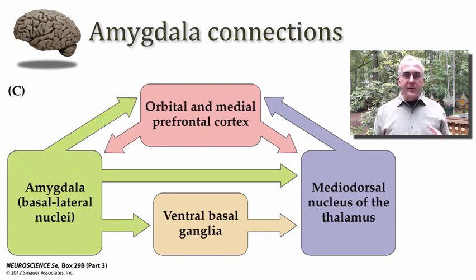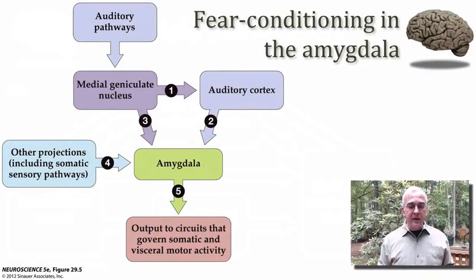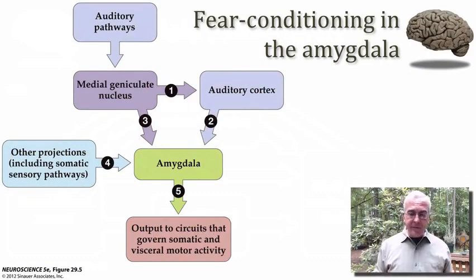Now, the centrality of the amygdala for learning the associations that produce emotion has been made much more clear from the use of animal models that have studied one particular dimension of emotional experience, and that is the emotion of fear. In laboratory studies of fear conditioning, we've come to understand how the amygdala is really the key site for associative learning.